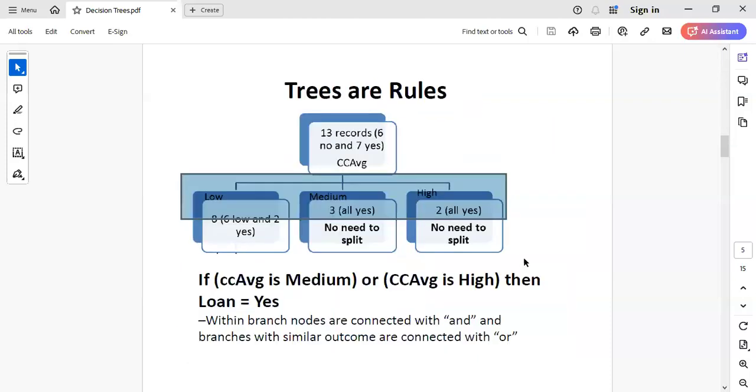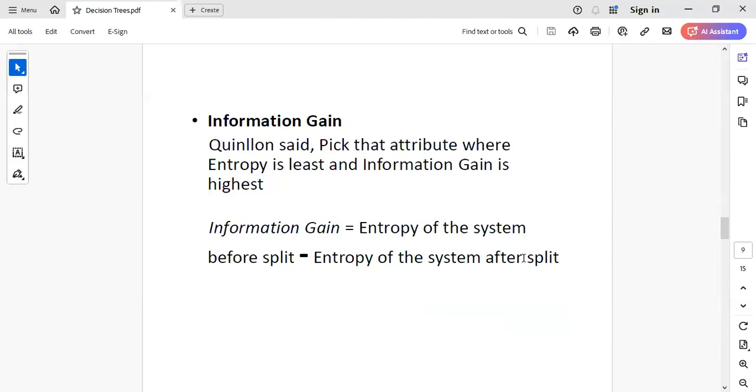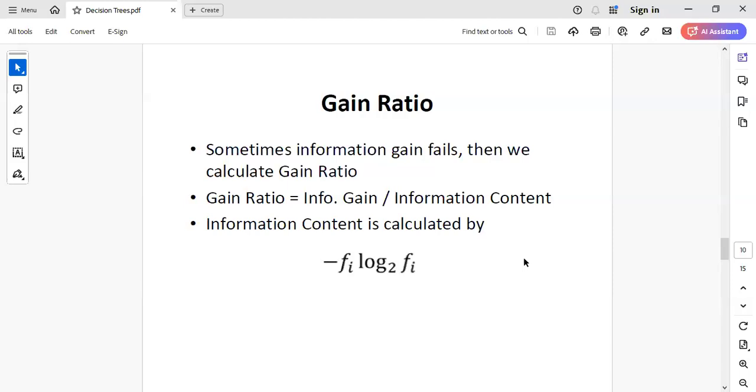They divided the information gain by the number of levels, categories, or classes in each column, and called it gain ratio.